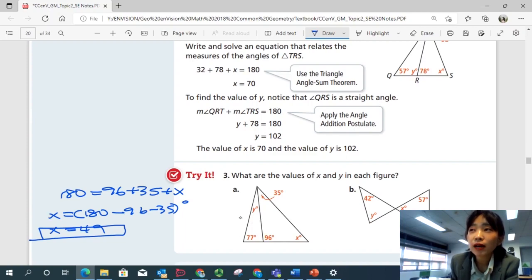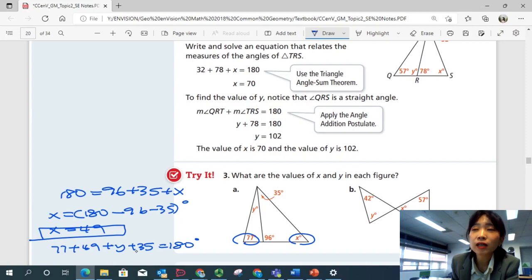Well, we know that the bigger triangle would also have a triangle angle sum theorem, right? So 77 plus 49 plus y plus 35 is 180 degrees.